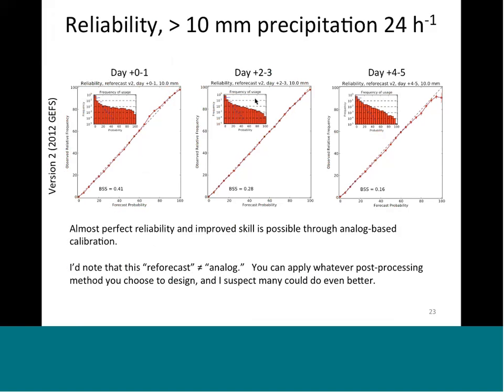If you were to look at, let's say, 50 millimeters, it wouldn't be quite as reliable, but it would still be very reliable. So you can see it's reliable at the first day, from days 2 to 3, days 4 to 5. So this is one method. You could apply another that would allow you to leverage this reforecast data set to provide reliable precipitation forecast input guidance into hydrologic systems.